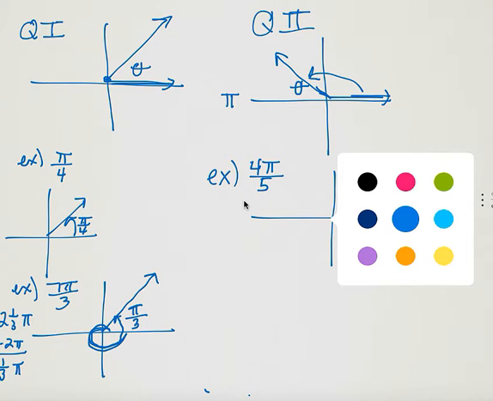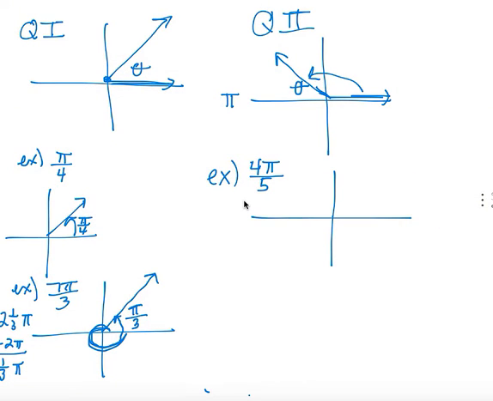Nope. Somewhere around here. And then if this is 1 pi, and that's 4 pi over 5, the difference between 4/5 and 1 is 1/5 pi, so this would be pi over 5.